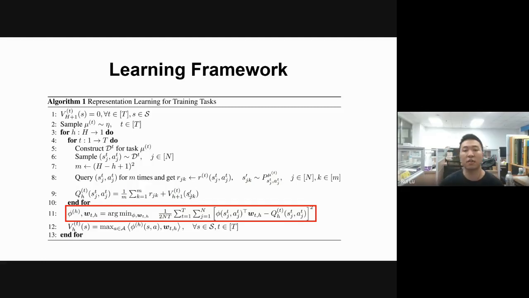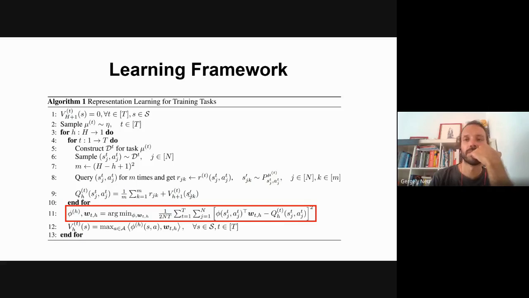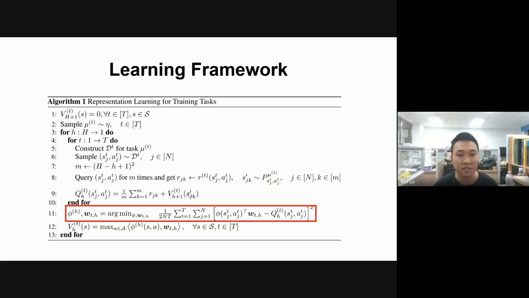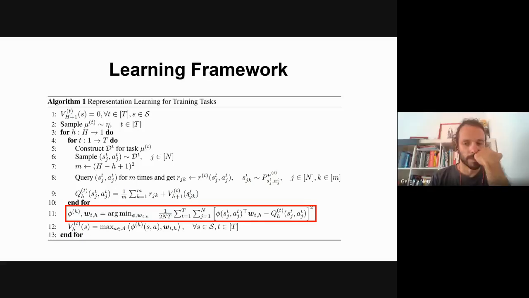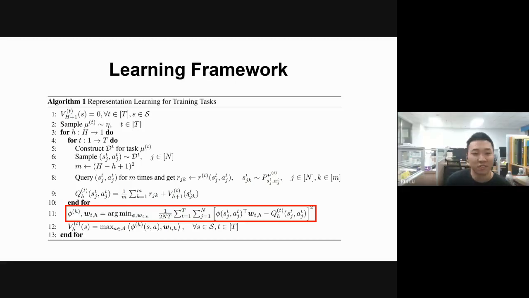Yeah, this is a good question. Actually, we assume we have a computational model to solve this, because what we care about in this work is not efficiency or whether you can solve it efficiently.